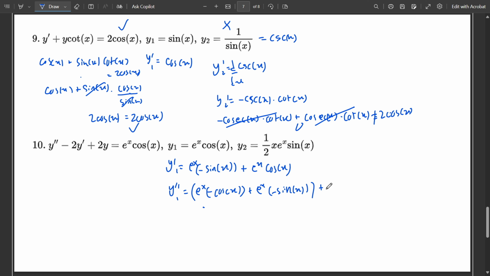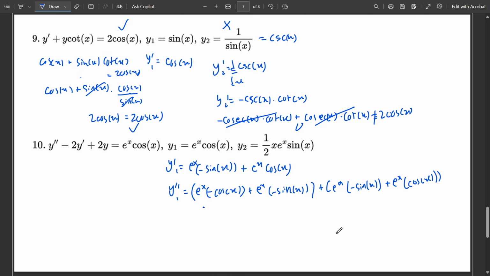We have e to the x, the derivative of cosine is negative sine of x, plus e to the x, the derivative of e to the x is e to the x times our cosine of x.